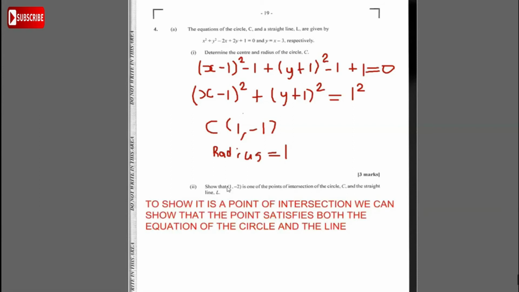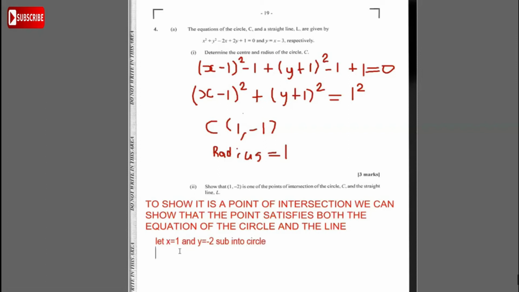So that means this point is x is 1, and y is -2. Let x equal 1 and y equal -2, and we're going to sub into the circle.